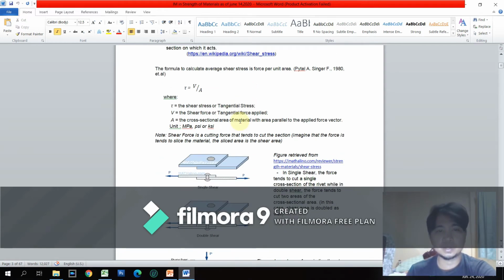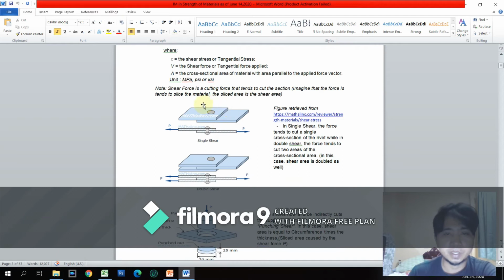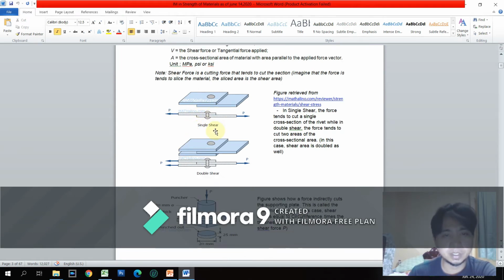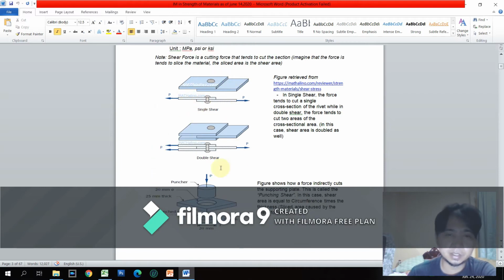Just the same, we use megapascal, PSI or KSI. We have witnessed a while ago how this rivet will be sheared into two. These are examples of shearing.